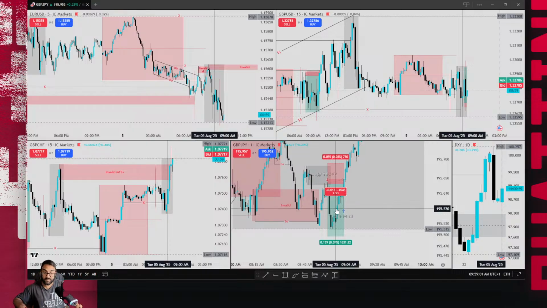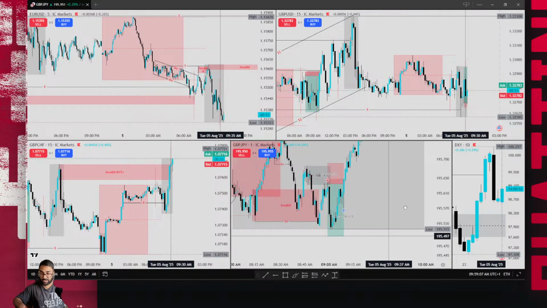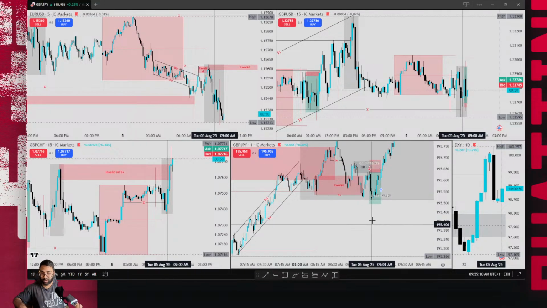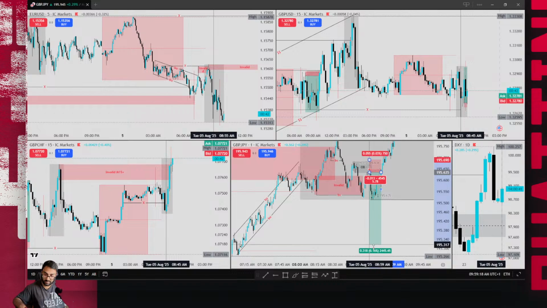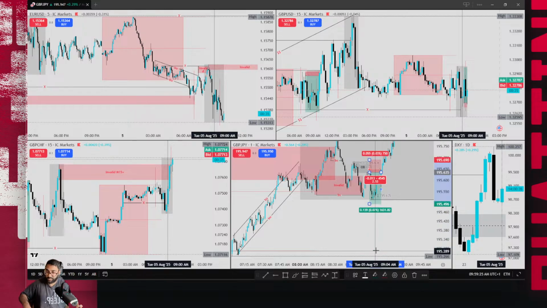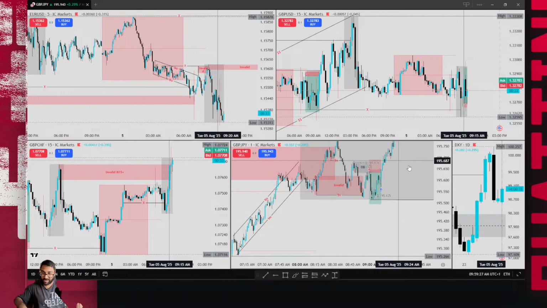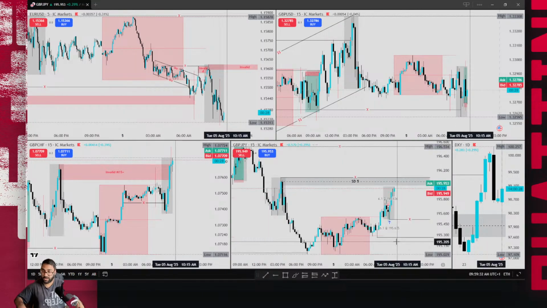I was up like 3 or 4 grand across all of my accounts, but it didn't reach my TP level or my partial level, which was 35 pips. So it would have been 6.4R. It didn't reach that level, so I didn't take partials, but it's okay. I covered myself from my loss by having a quick break-even process, which is fine.